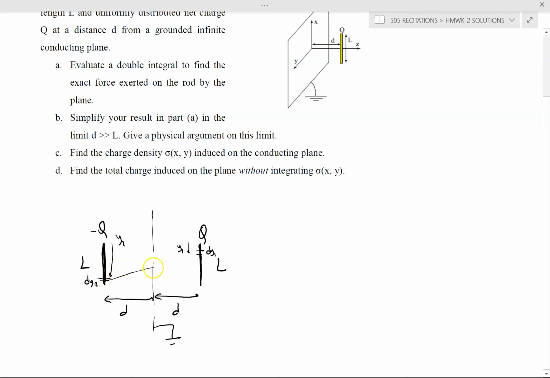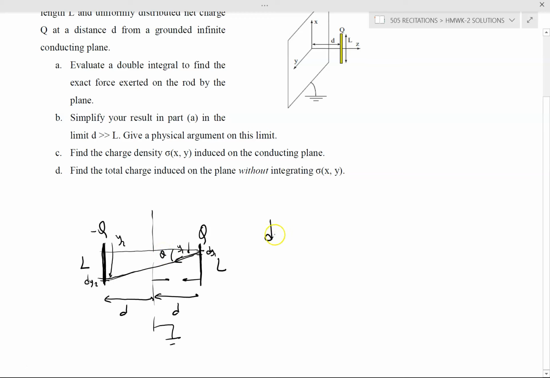However, while I am doing this, realize that this is the geometry that I need to work with, but since the overall force must be along this direction with respect to each other, not only do I need to find this force, but I also need to make sure that I multiply it by the cosine theta, right?